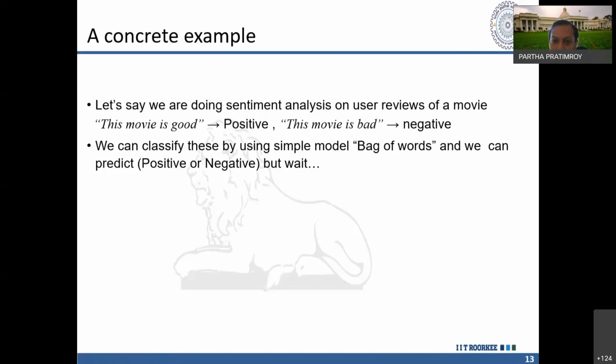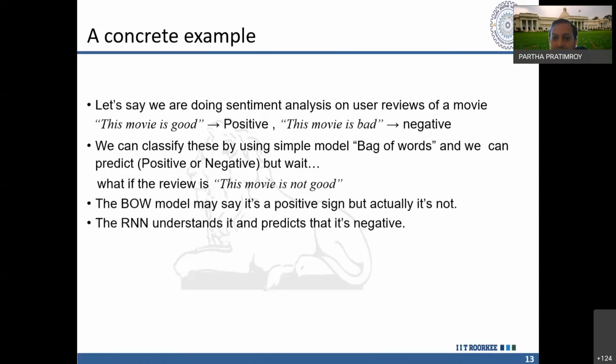But when we consider the sentence, this movie is not good, then what will happen? Here, this is one feature, movie is another feature, is another feature, not is another feature, good is another feature.